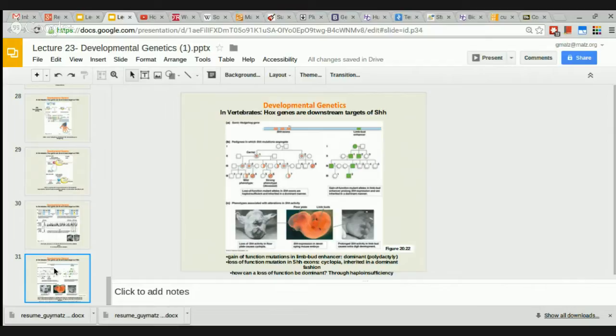And then you see a phenotype even with a loss of function mutation. For example, for hedgehog, these are loss of function mutations that lead to an inadequate amount of gene activity and lead to the phenotypes that you see, such as cyclopia and, in fact, incomplete formation or closure of the neural tube.